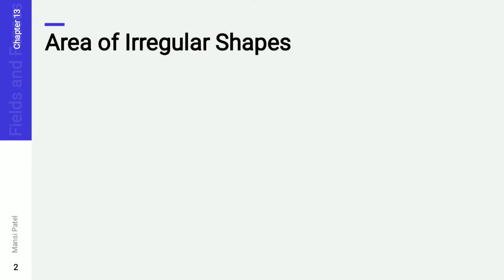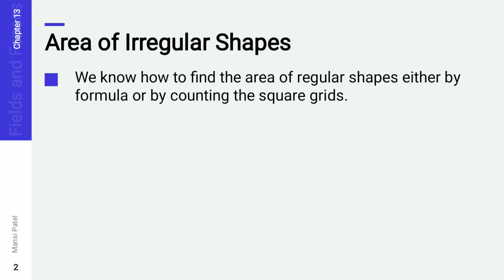Area of irregular shapes. We know how to find out the area of regular shapes. This we already studied in our last session. Either we use a formula or we use the method of counting squares. These two ways we can calculate the area of regular shapes. If any shape and its measurements are given, then we solve with the help of a formula.